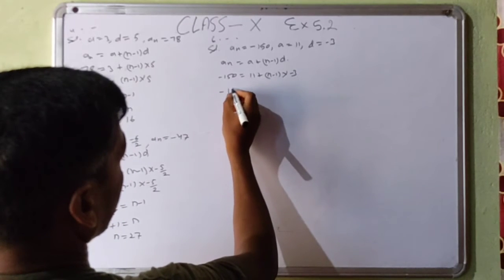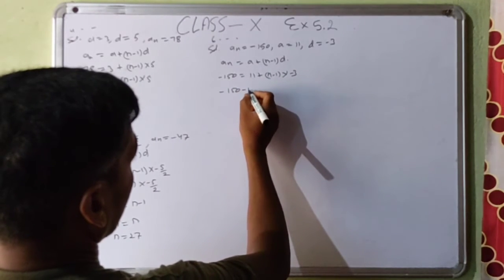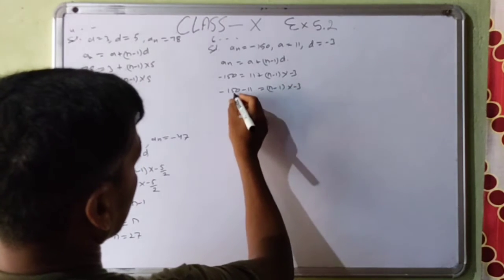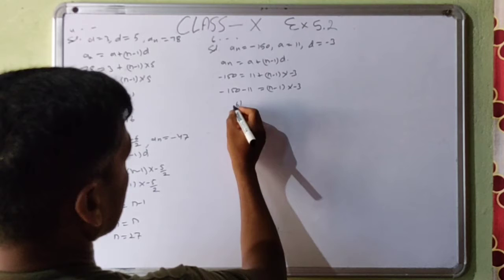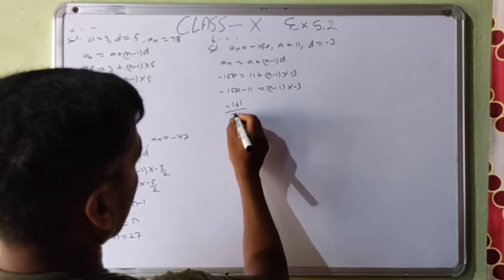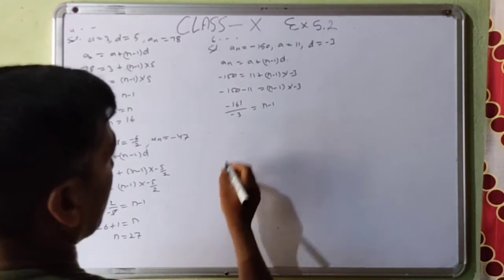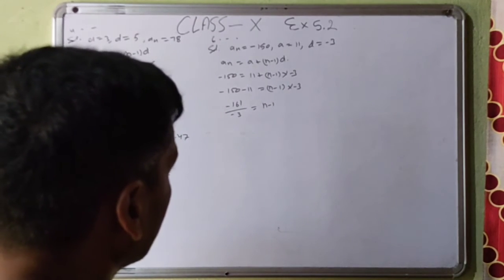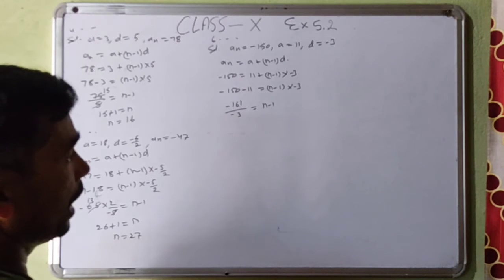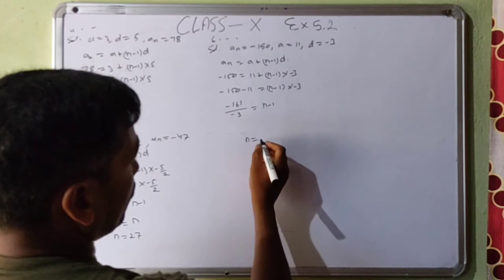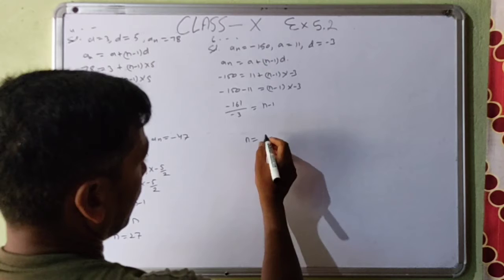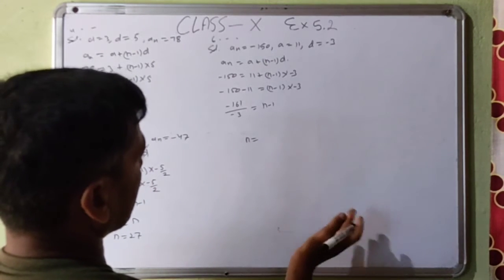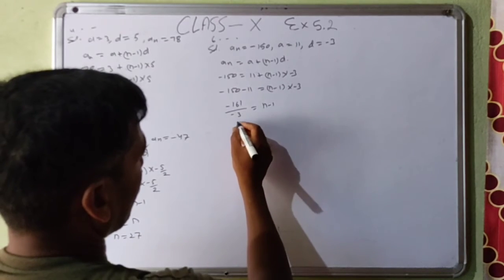So minus 150 minus 11 is equal to N minus 1 into minus 3. So that will be 161 upon minus 3, so N minus 1. 3 can't be cancelled into 161, because N must be in simple form, not in fraction or decimal or negative. So that will be no.